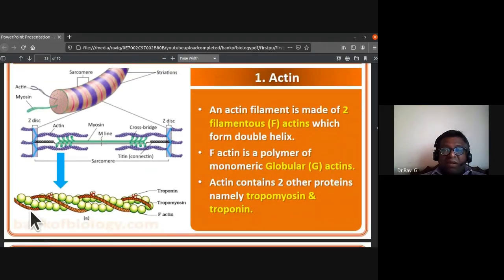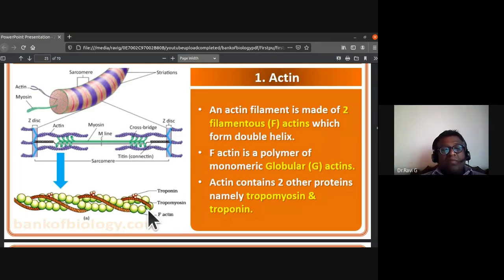Can you notice here the green structure? They are helically bound, just like DNA. An actin filament is made up of two filamentous actins, or F actins, which form a double helix.